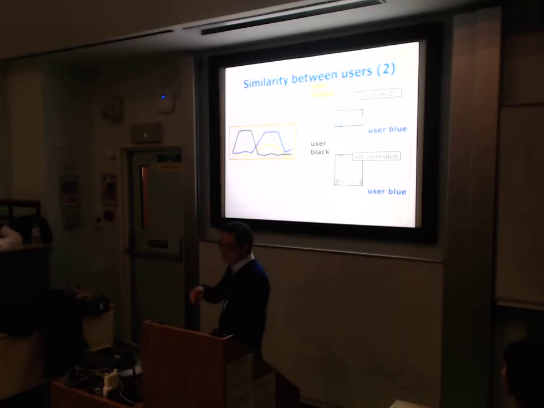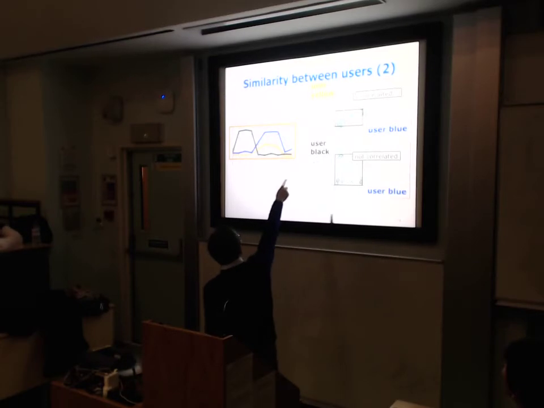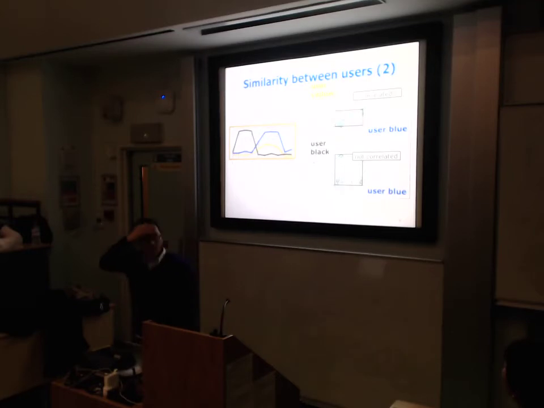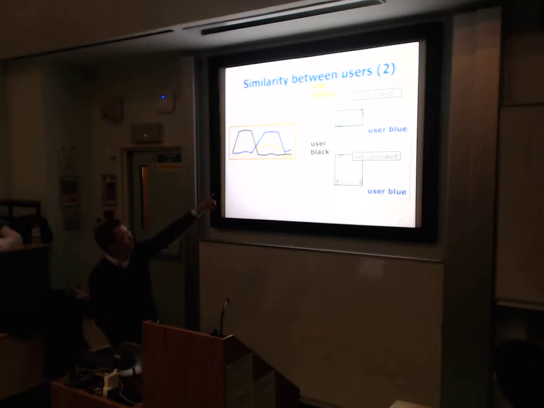If you compare two users, let's say the yellow user and the blue user, and look at their ratings, you can find that, in fact, they are somehow correlated. In other words, these ratings are always on the diagonal.